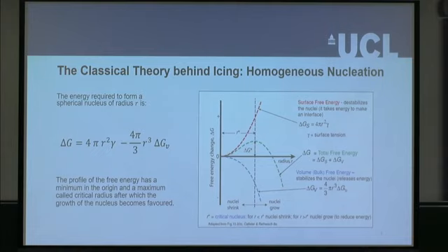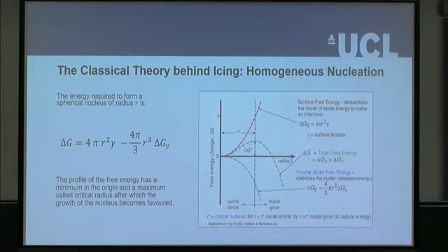In order to understand how likely it is for this process to happen, we can compute the energy gap between the initial and the final state of our system. The initial state being we have no nucleus or a very tiny one, and the final state being a nucleus of a certain size.